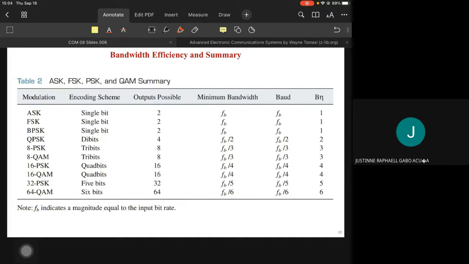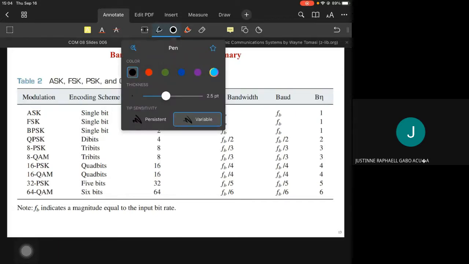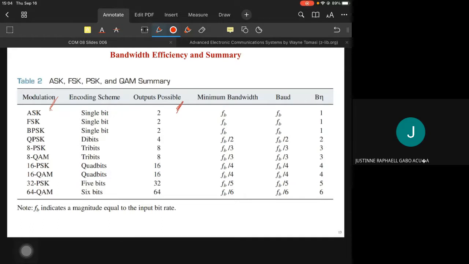For each modulation scheme, given this output, run the computation for the minimum bandwidth and baud. Is this correct for FSK? Isn't its formula different? I think that is not how to compute the bandwidth of FSK. It should be 2 times FB, the bit rate, plus delta F.